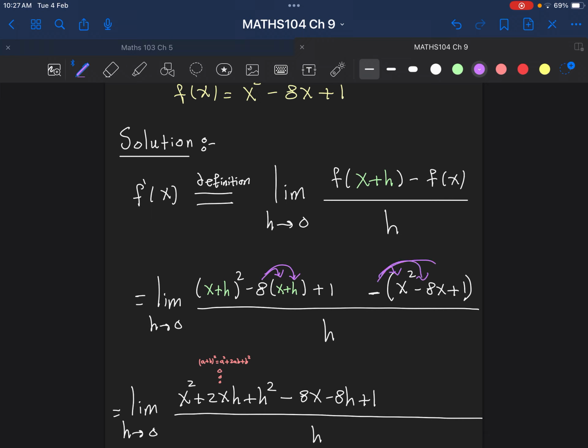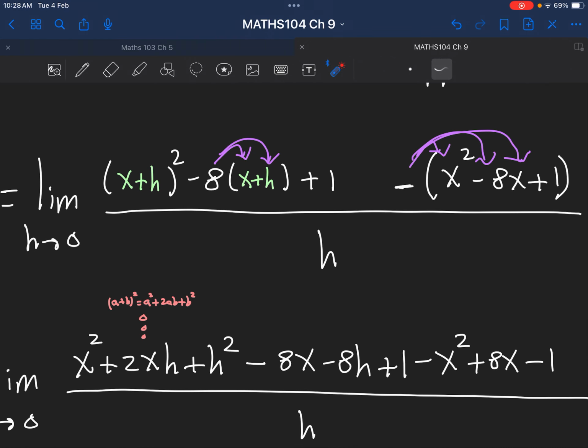Next step, you take the -1 inside everything, which means it would be -x squared plus 8x minus 1. Let's see if we can cancel things out. I can see that I can cancel x squared with x squared, negative 8x with plus 8x, plus 1 with negative 1.